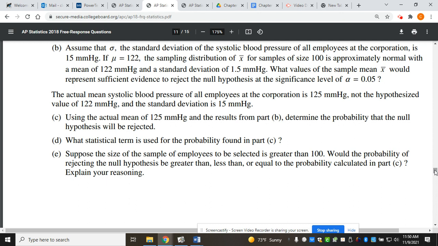So using the actual mean and the results from part B, determine the probability that the null will be rejected. Don't worry about that right now. So here, if this actually is the mean, and we're using this, the probability that our null hypothesis will be rejected, given what?